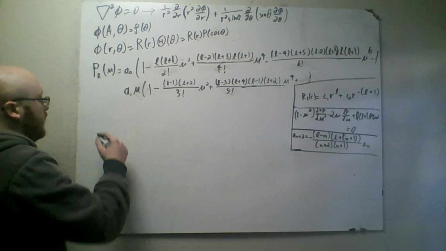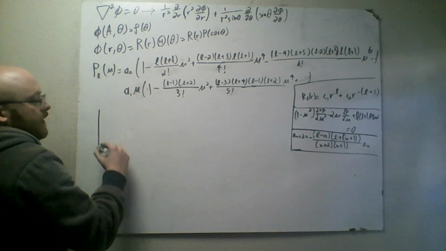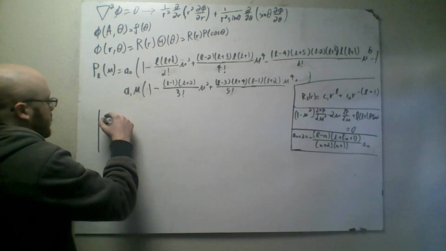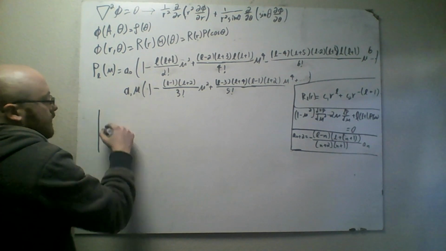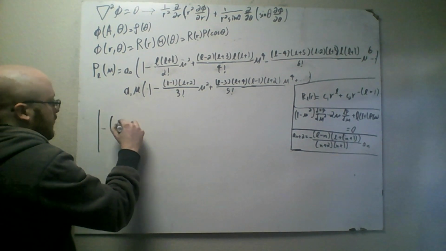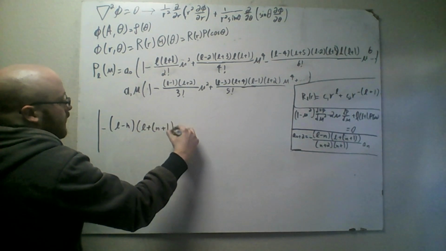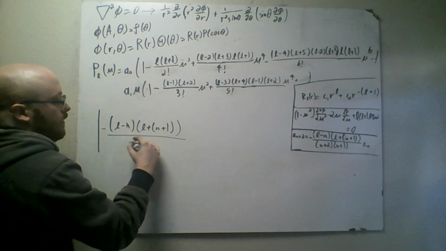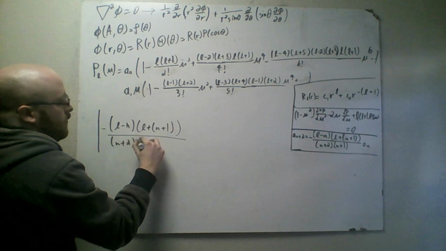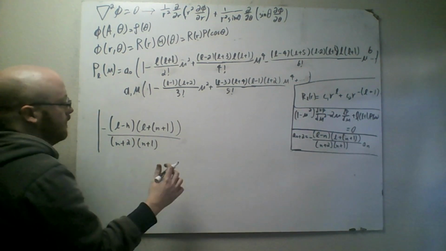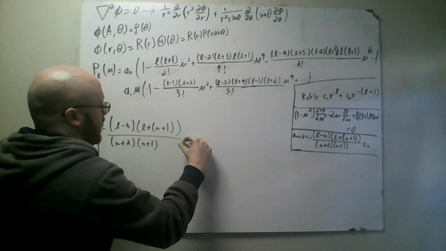So the absolute value of the ratio between a_(n+2) and a_n is equal to negative L minus n times L plus n plus 1, all over n plus 2 times n plus 1, times mu squared.